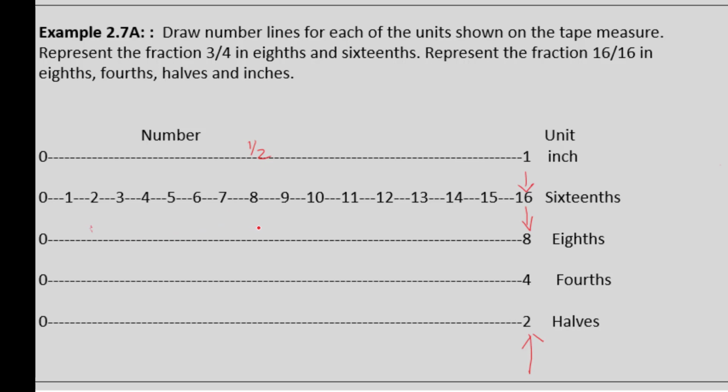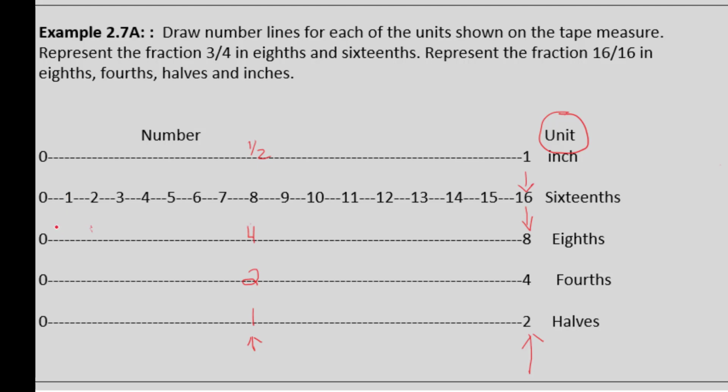And half of 8 is 4, so I could put 4/8 here. And half of 4 is 2, so I could put 2/4 here. And half of 2 is 1, so I could put 1/2 here. So all these are equivalent. They're the same magnitude, the same length, with different units.